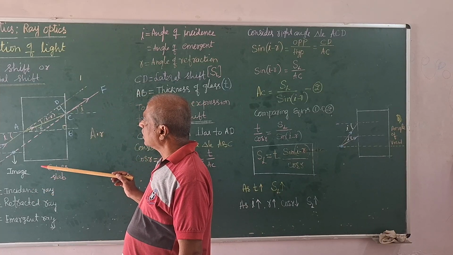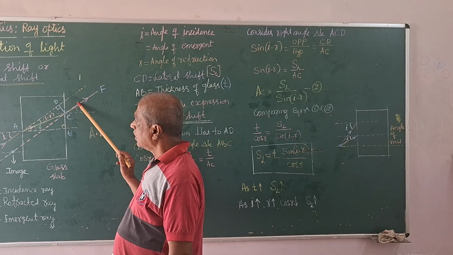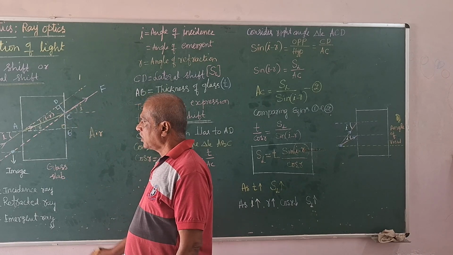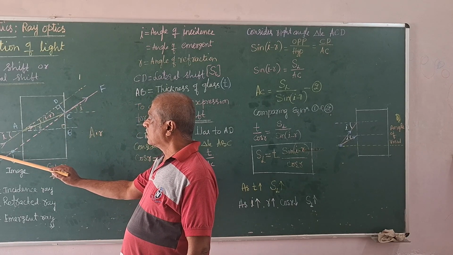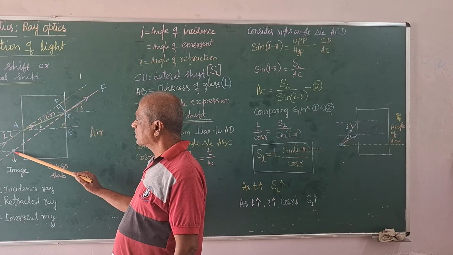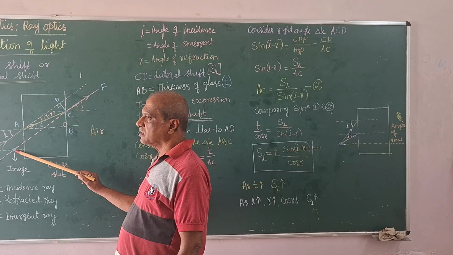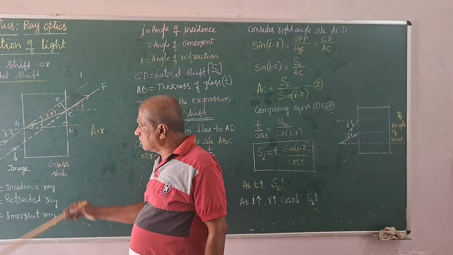Then how does the object look? In the viewer's view, how does it look? The object is here, but it appears as if the object is kept here. It is the image of the object. This image is a virtual image of the object.